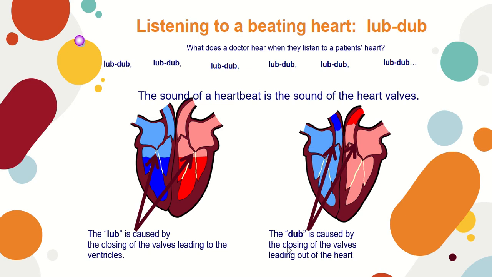Is caused by the closing of the valves leading out of the heart. Pag siya ay nagbukas, lalabas na yung blood, at pag nagsara na siya, yung ating valve, dub yung maririnig natin. Kaya pag dumaan yung blood sa ating heart, sa part ng valve, dalawang sound lang maririnig natin. We have the lub, dub, lub, dub.